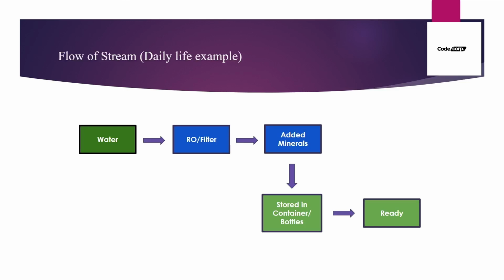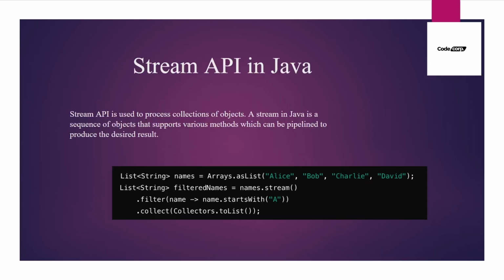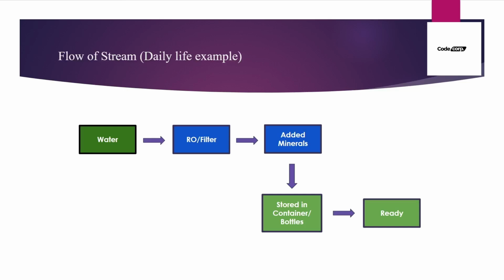So in a similar kind of way, here you can see the operations that I marked with this blue color are intermediate operations. Okay, in the previous slide, as you can see, the filter is the intermediate operation, and here adding minerals is also an intermediate operation. The storing in the container, this operation is like a terminal operation, that is a collection.